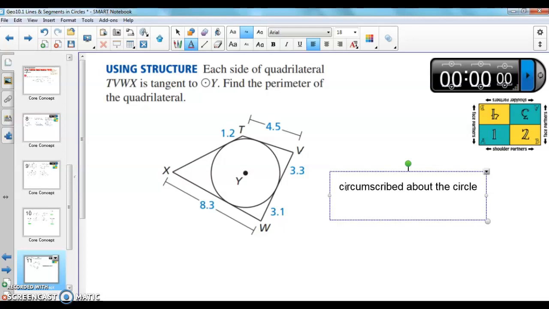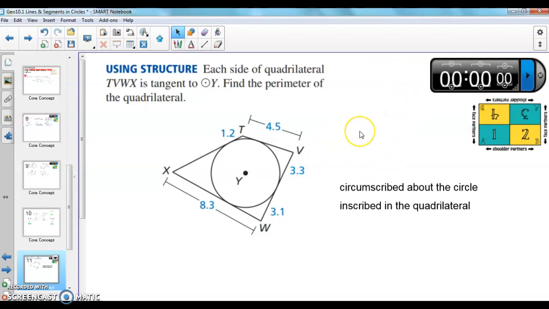Alternately, we can say the circle is inscribed in the quadrilateral. Okay, so that's how they are related to each other. A parallelogram is circumscribed about a circle if its sides are tangent to the circle. So how are we going to find the perimeter of the quadrilateral TVWY?